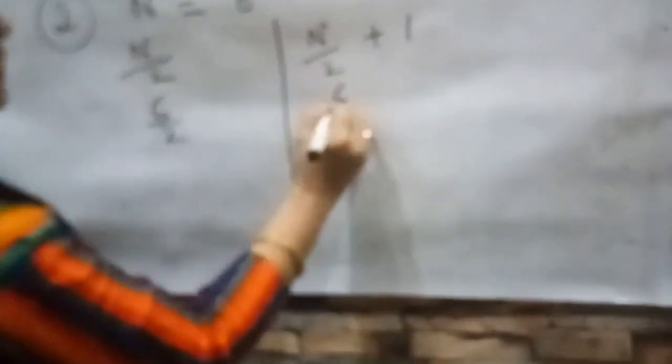Now we have two formulas. N by 2, n by 2 plus 1. That means 6 by 2, 6 by 2 plus 1. That is 3 and that is 4. Clear? Now note the step.